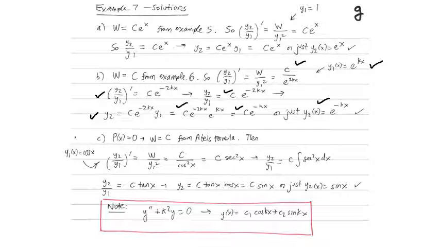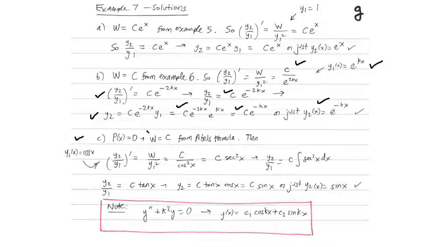The third example that we posed in the previous video, the differential equation was y double prime plus y equals 0. So the middle term was absent. There was no y prime term, so the coefficient of y prime, which is p of x, would be 0.